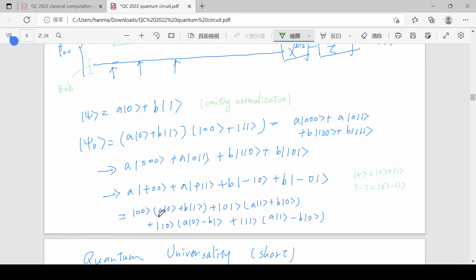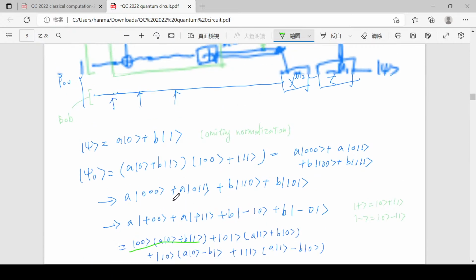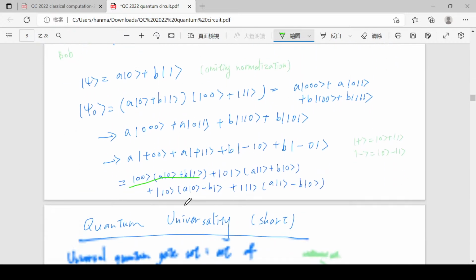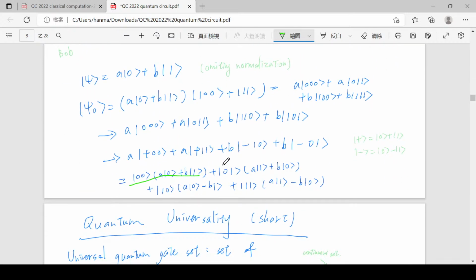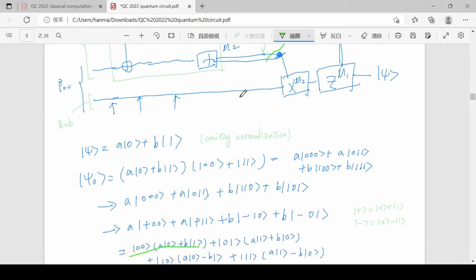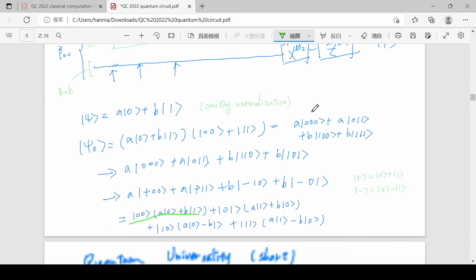So you are projected onto this component, and then your third qubit will collapse into this A0 plus B1, and that's exactly the psi state. And it will happen with 1 over 4 probability. You can check it out. So yeah, that's what happens when it's 0 0, and because your third state is exactly psi, you don't need to do any correction.